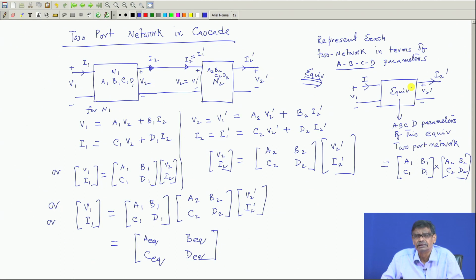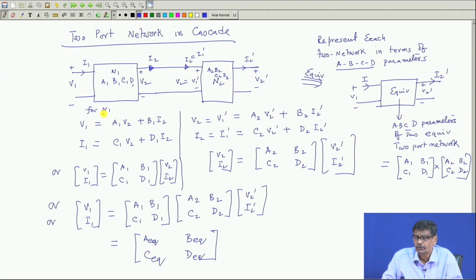Similarly, if the networks are in series connected mode, and by series connection I mean the way it was connected, input ports are series connected, output ports are series connected. In that case, if each one of these ports is represented in Z parameters, equivalent Z parameters can be easily calculated. It does not mean that this cannot be represented in ABCD parameters, it can be, but then the equivalent Z will come in a complex way.